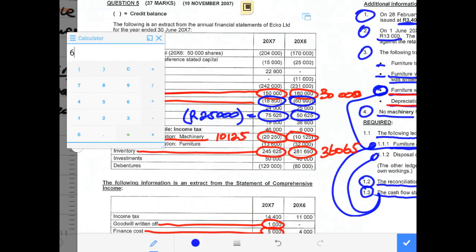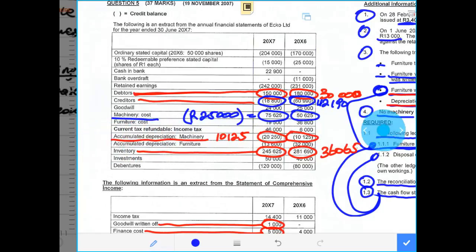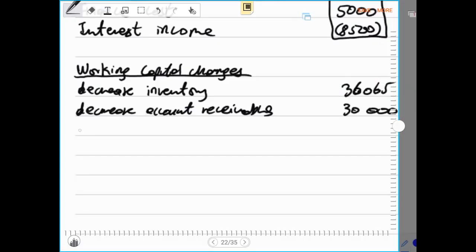So now it will be 60,990 minus 18,800. That means a total of 42,190 would have been paid to our creditors between the end of the previous year and the end of the current year. So that will be a decrease in account payables.